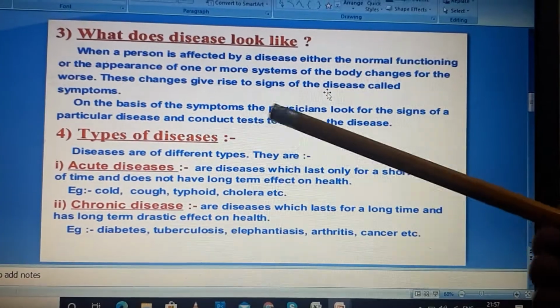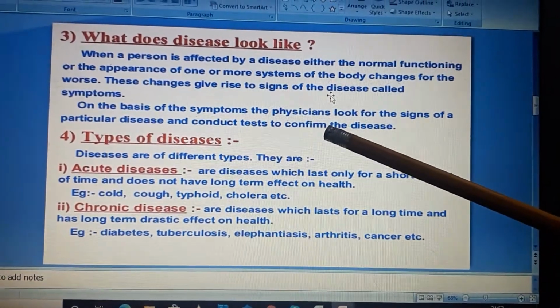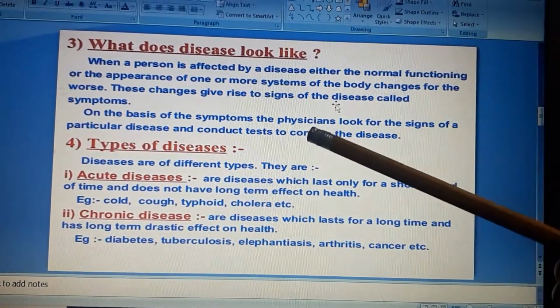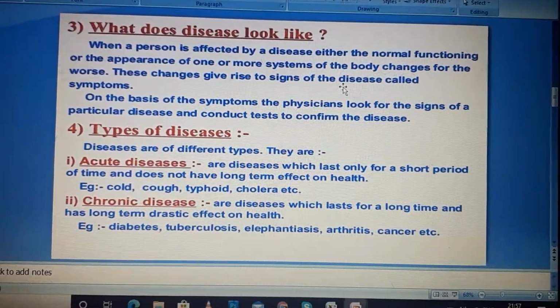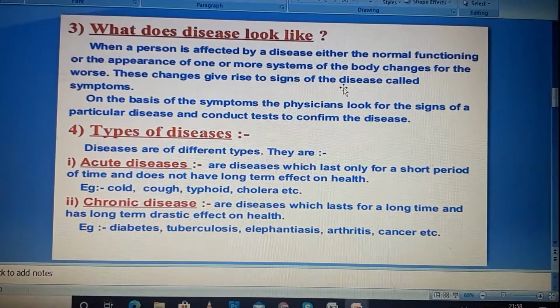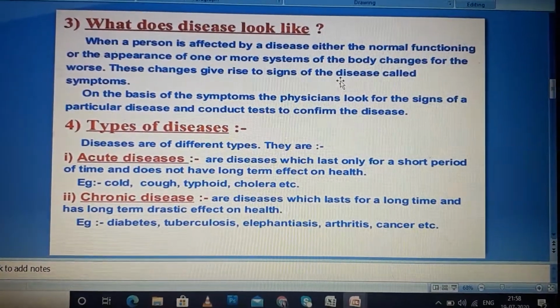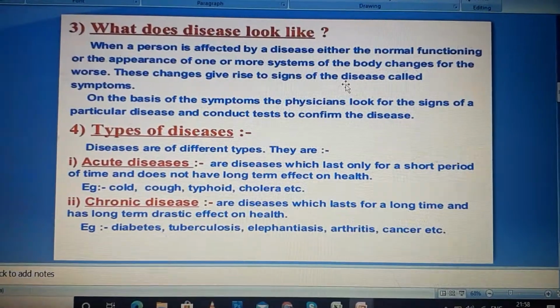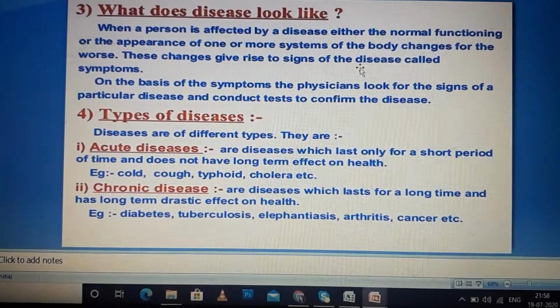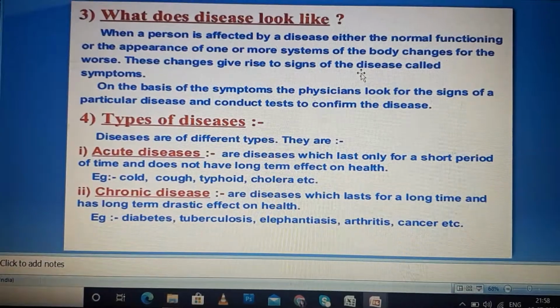They may be physical changes or some other changes, like if a person is suffering from mental imbalance, then he or she might be having an emotional breakdown or a depressive state. So these are all the symptoms of disease.